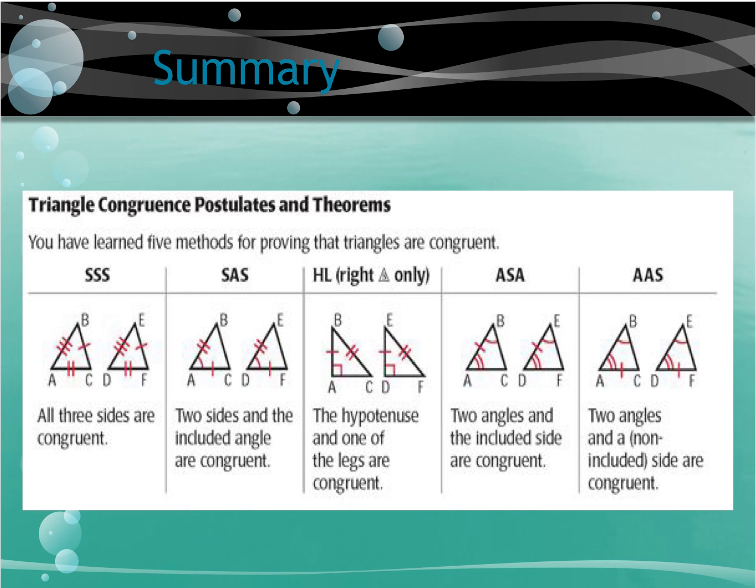So this is what we have learned so far. We have learned the triangle congruence postulates and theorems. So we have learned 5 methods to prove that triangles are congruent: side-side-side, side-angle-side, HL, which is only for right triangles, ASA and AAS. Remember, no SSA, and since you can write it backwards, no ASS.